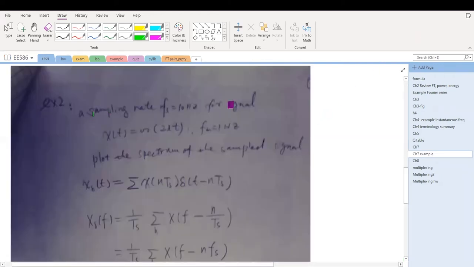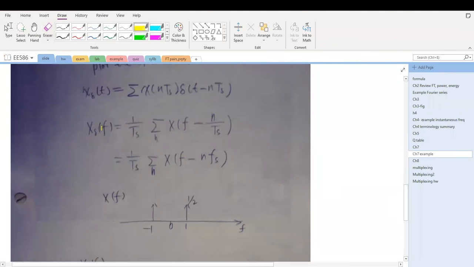Let's look at another example. A sampling rate of 10 Hz, Fs equals 10 Hz, is applied to signal x(t) equals cosine 2 pi t. We know that the frequency content in this continuous time signal is 1 Hz. So therefore, the bandwidth is also 1 Hz. We want to plot the spectrum of the sampled signal.